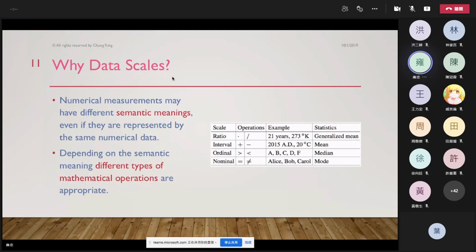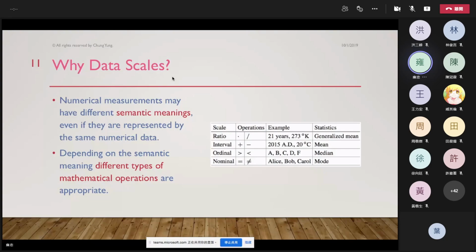Actually, in our textbook, when we say data scales, we actually classify the numerical data into four kinds. As you can see, there are 4 rows in the table on the right. Right, let's look at the lecture notes.